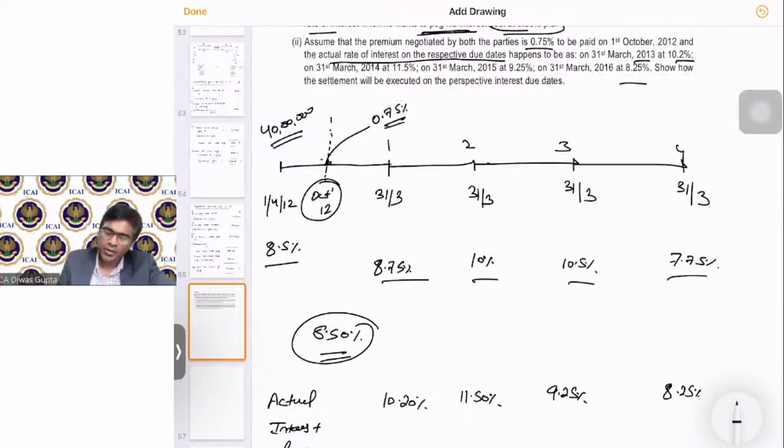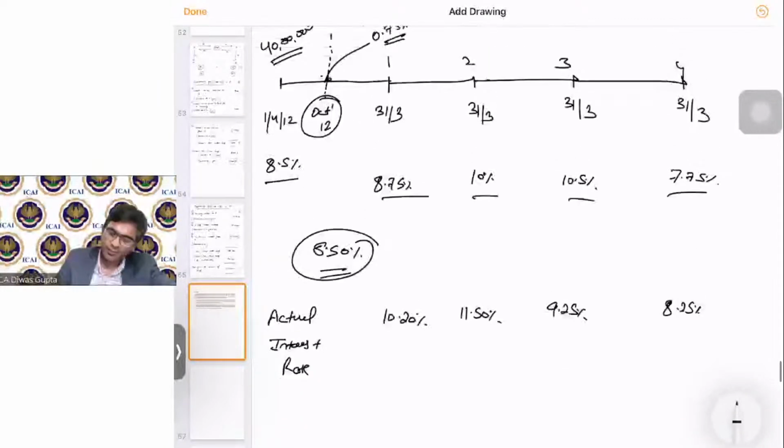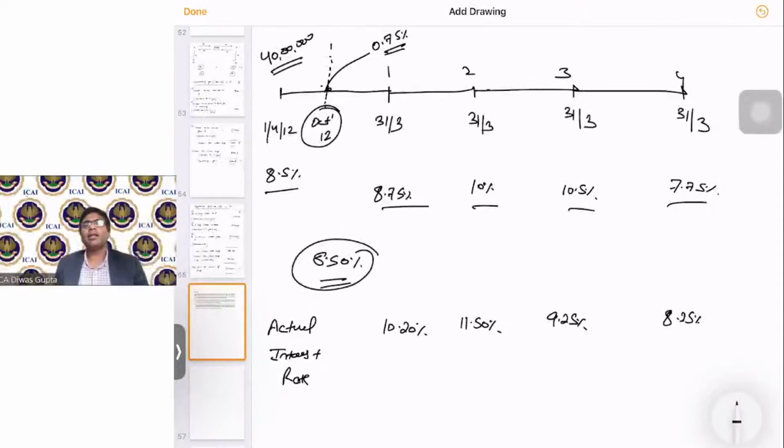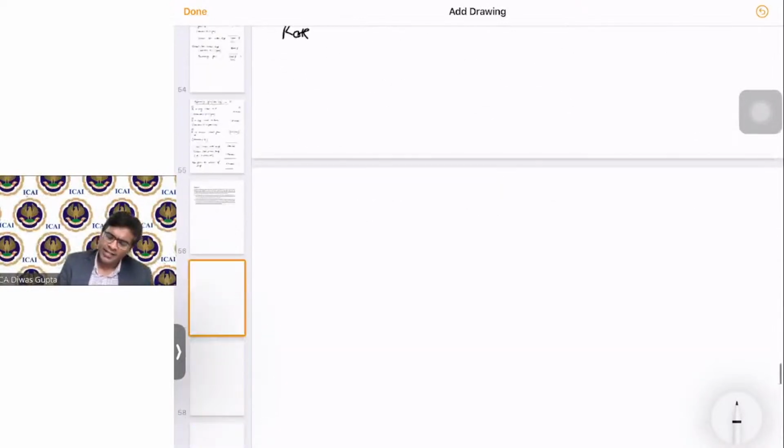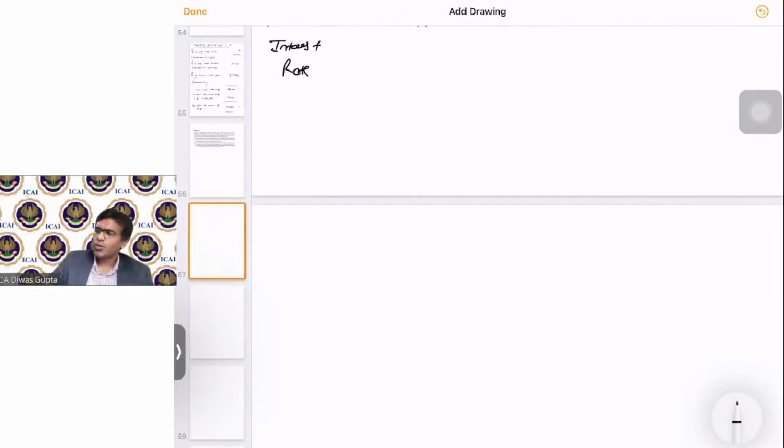Correct? Show how the settlement will be executed on the prospective interest due dates. Prospectively, on the respective interest due dates, how the settlement will happen. It's very simple. So we have been given that there is some strike rate, premium payment, all those things. So let's start.